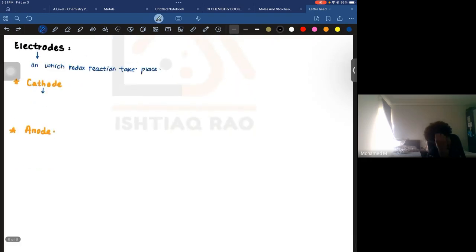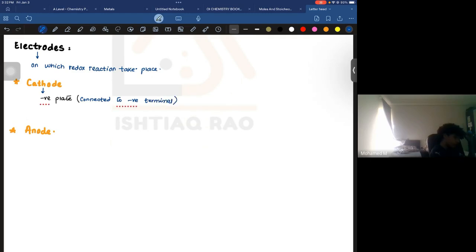And I can say it's a negative plate. Why is it a negative plate? Because it's connected to the negative terminal of the battery.